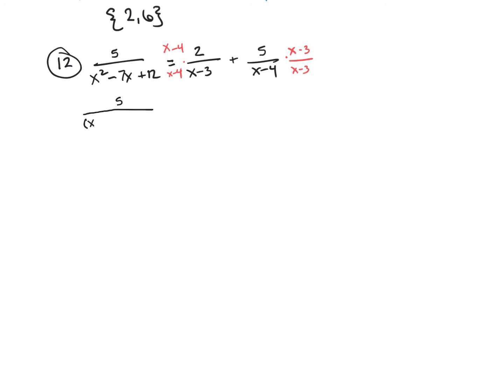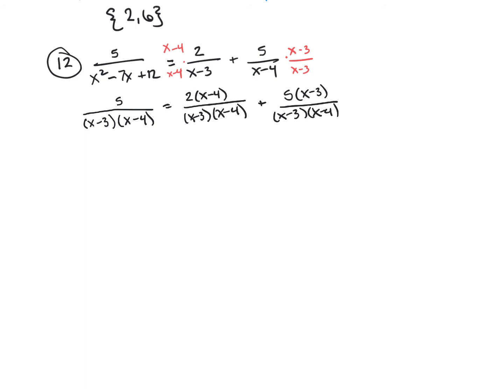So this becomes (x minus 3) times (x minus 4) is equal to my fractions that we've now multiplied. So this will be 2 over x minus 4 times (x minus 3) times (x minus 4) plus 5 over (x minus 3) times (x minus 3) times (x minus 4).